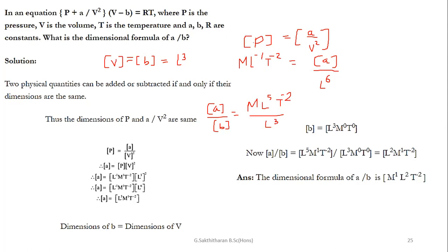So finally we can simplify: M L squared T minus 2. The dimensions of A over B is M L squared T minus 2.